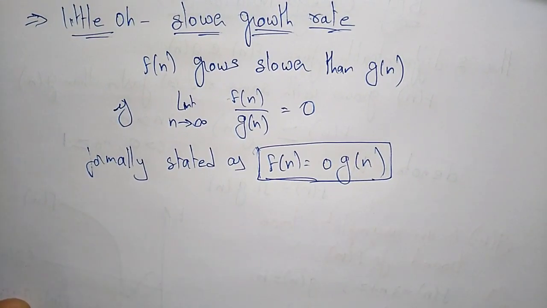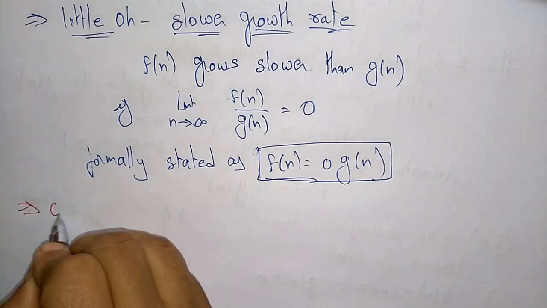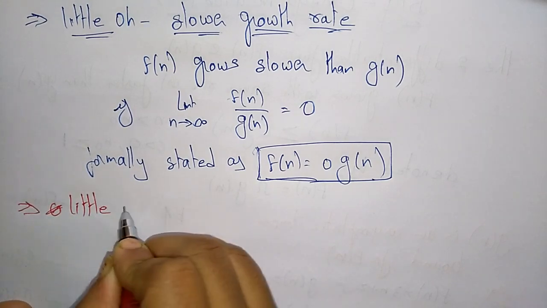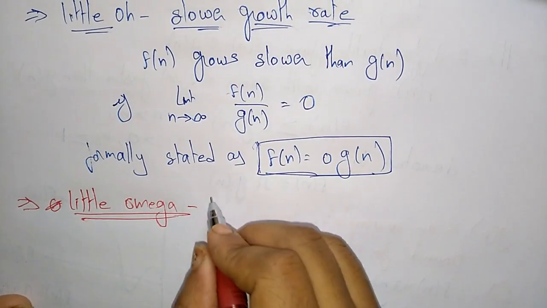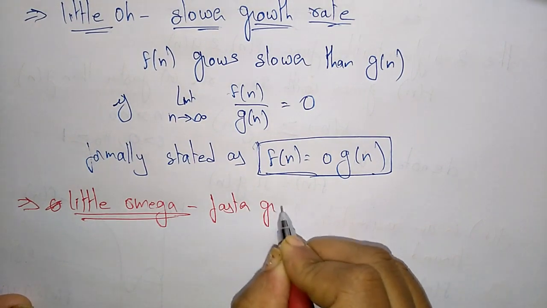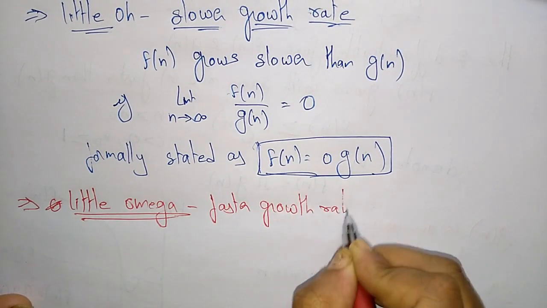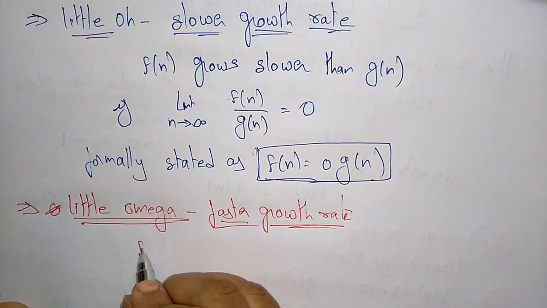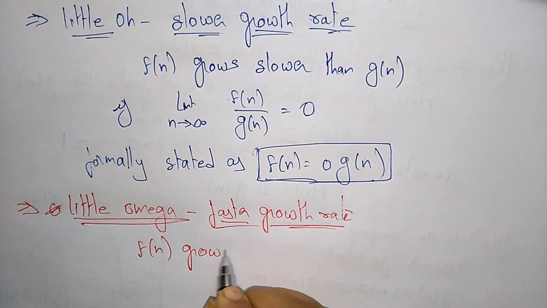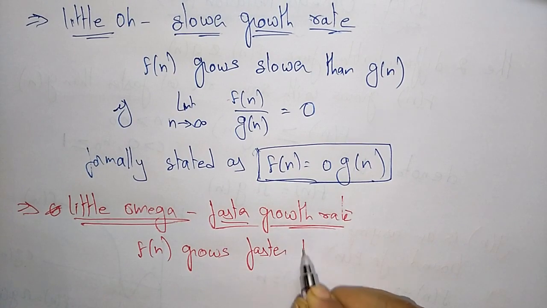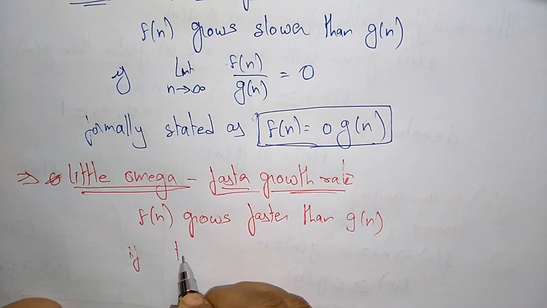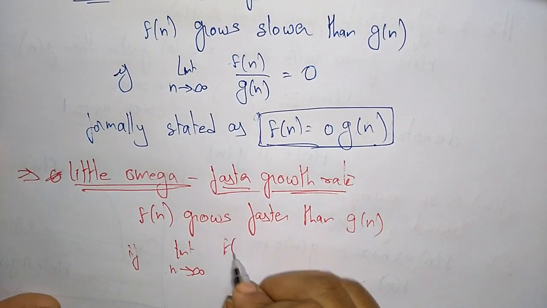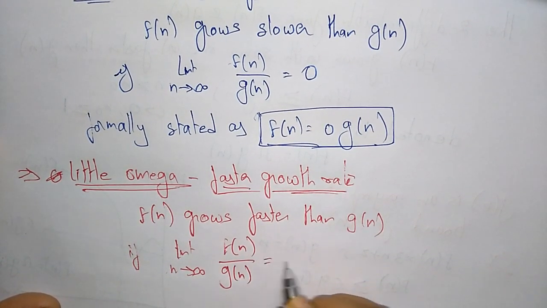Now let us see the next one, that is little omega. Little omega. So here the growth rate is faster. For little omega, the growth rate is faster. So here f of n grows faster than g of n if limit n tends to infinity, f of n by g of n is equal to infinity.